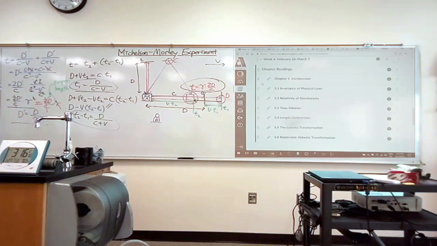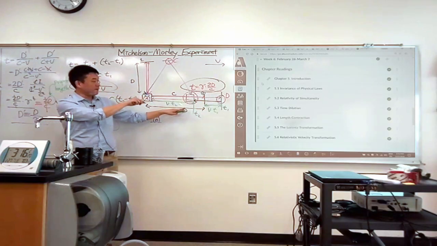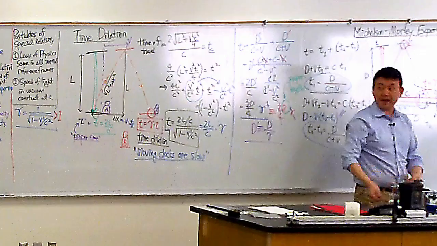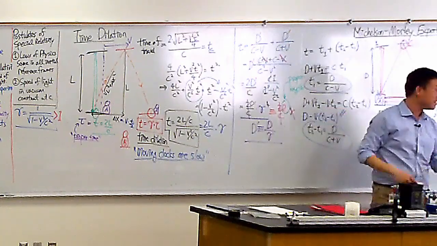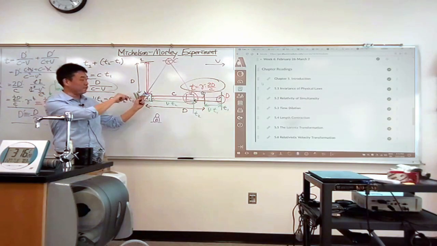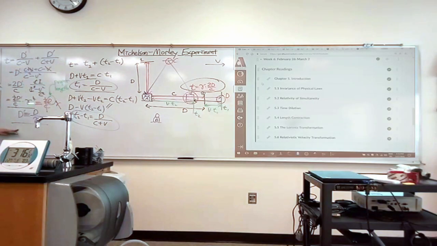So that must be true, because I have laws of physics constraining what I can do. I have experiment telling me that these two light beams must arrive at the same time. And I have the second postulate of special relativity that tells me the speed of light cannot change on the return trip. The only thing I can change is this. So this is what we call length contraction, or Lorentz contraction.